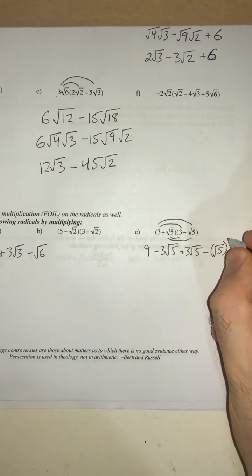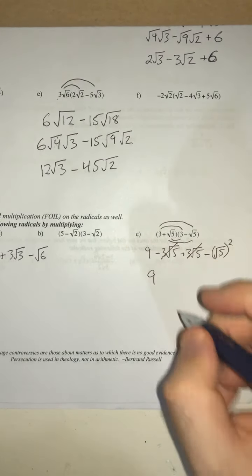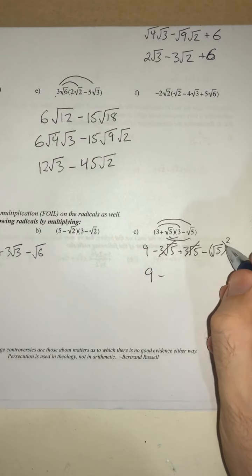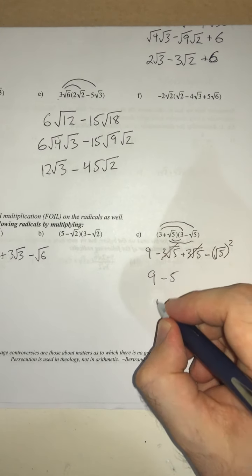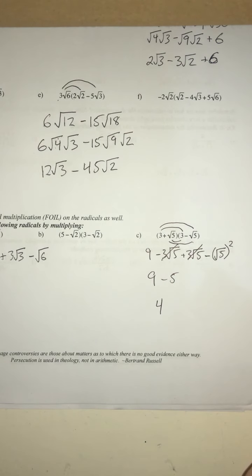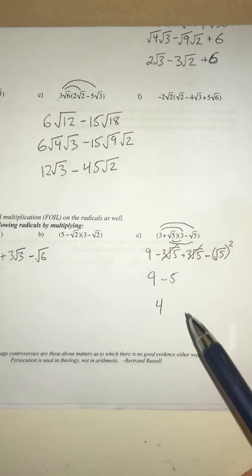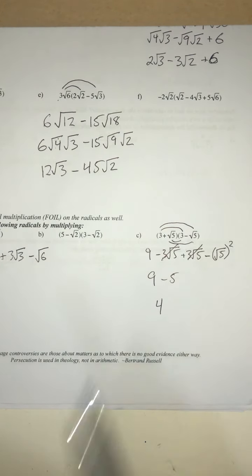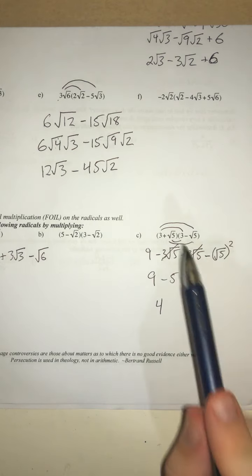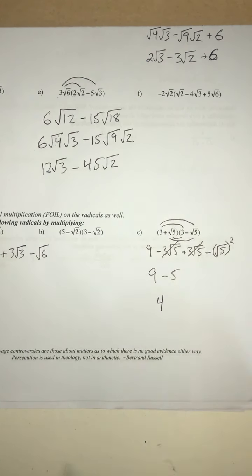I'm just going to write it out for now. Notice the middle terms cancel out. So we have 9 minus this, which is 5. We end up with just 4. This is actually a difference of squares. If any of you figured that out before I actually wrote this, put it in the comments below. This is a difference of squares. The first terms are the same, the second terms are the same, and one's plus and one is minus.